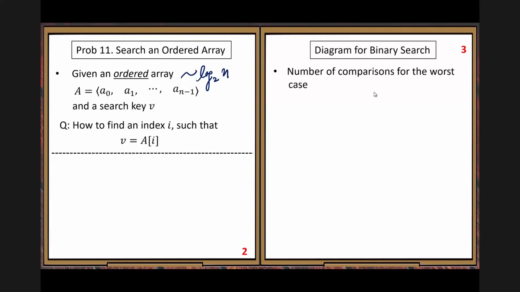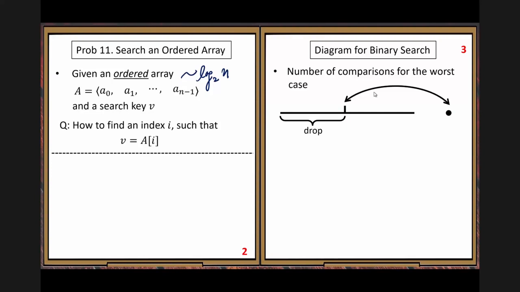Diagram for the binary search: number of comparisons for the worst case. Suppose our array is represented by this line segment. Then we do problem size reduction. Right in the middle, so after one comparison the problem size is reduced by 1/2, either the left half or the right half.